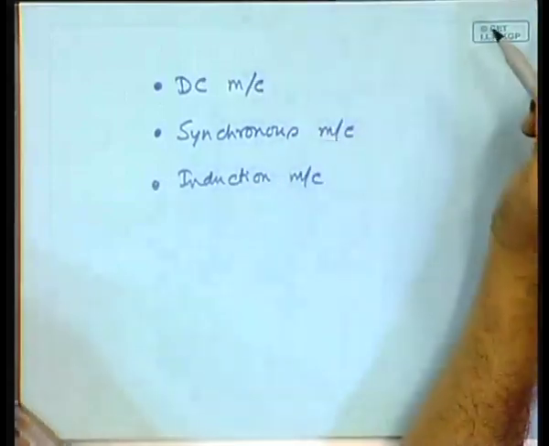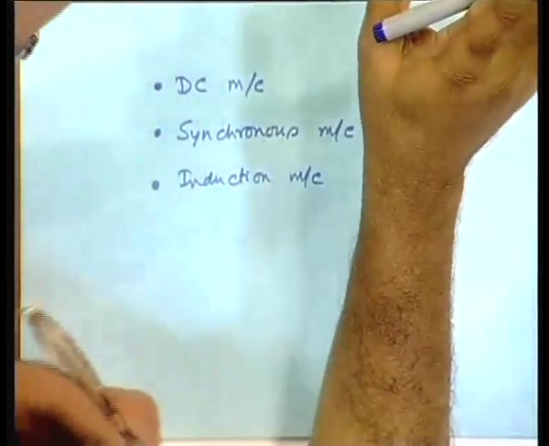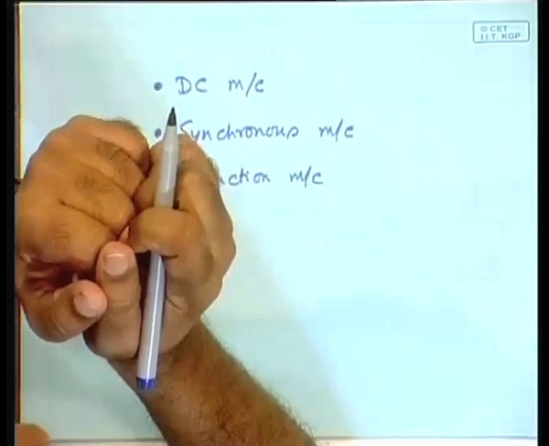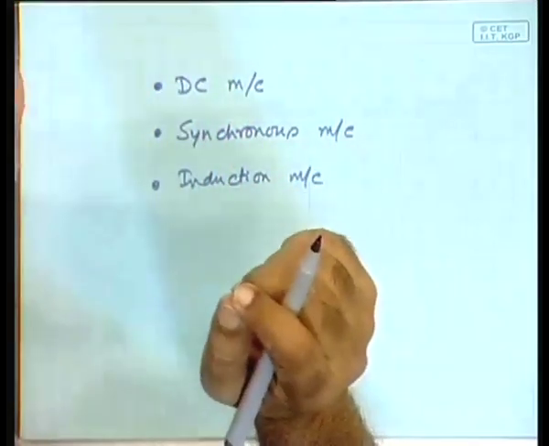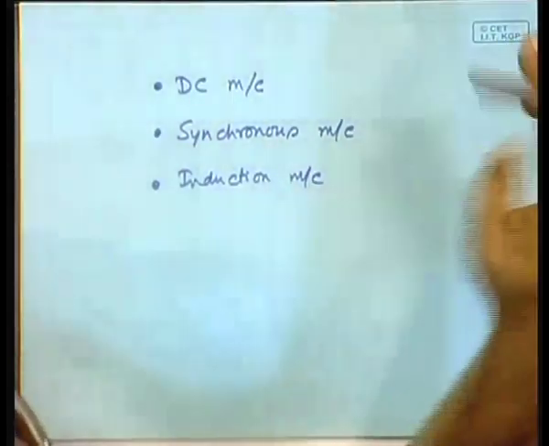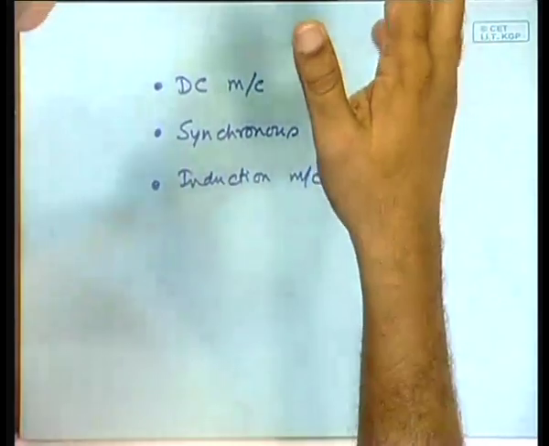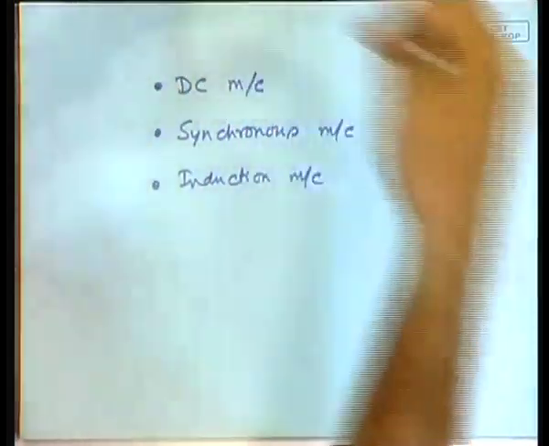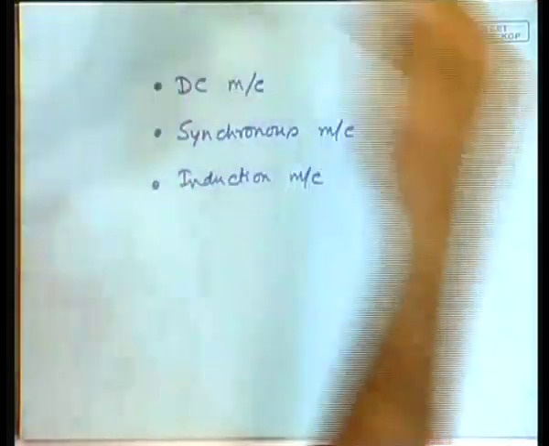DC machine. You have learnt about the DC machine in reasonable detail, I guess, right? One thing you may have understood, that the DC machine is a very cumbersome machine. Why? Because it has to have windings both in the stator and the rotor, and the rotor winding has to be energized. So, something rotating, still you have to give connection.